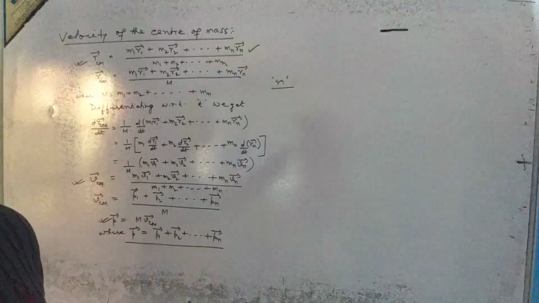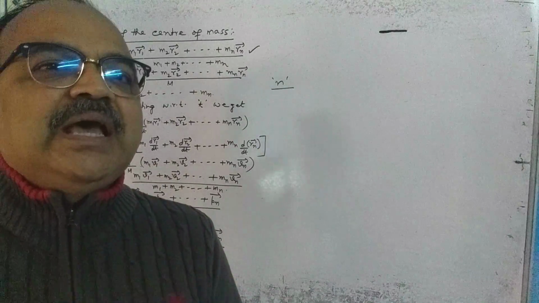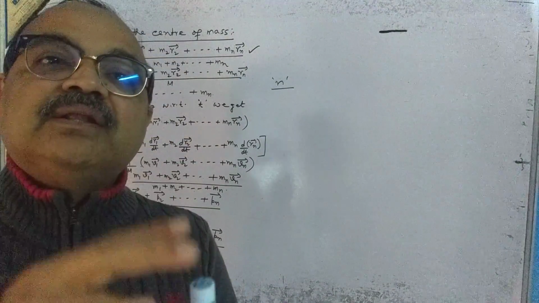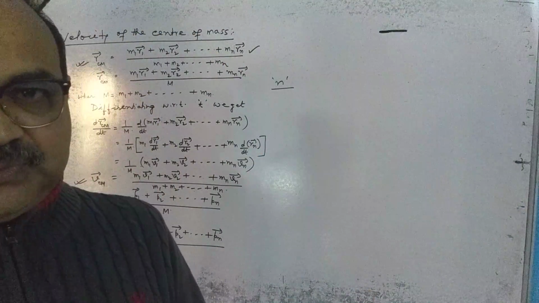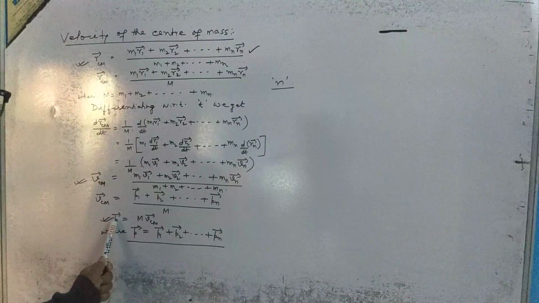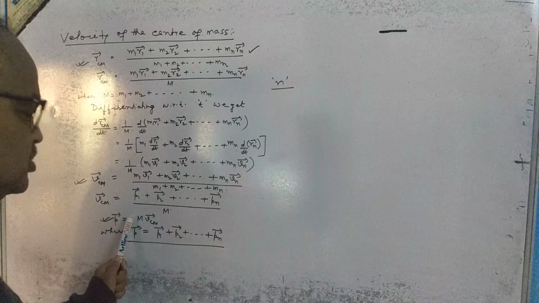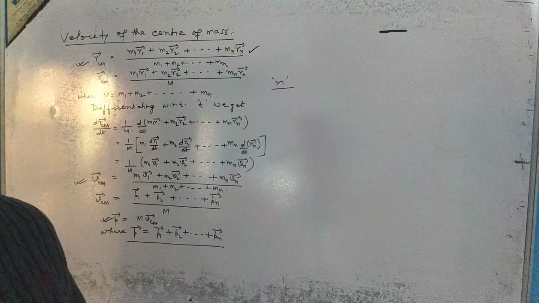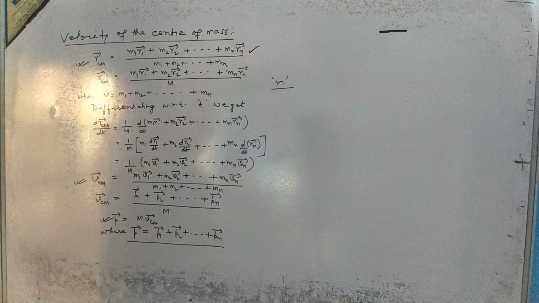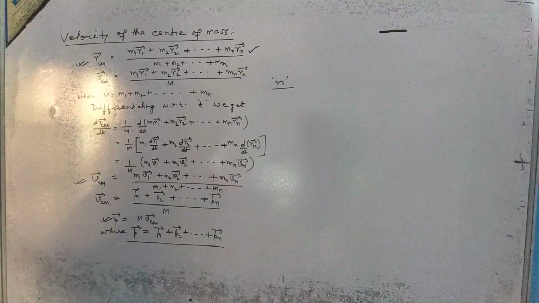Because I remind you, center of mass is treated as that point where the whole mass of the system is supposed to be concentrated. So the total momentum of the system is equal to the mass of the system into the velocity of the center of mass. I hope it's very clear to all of you.